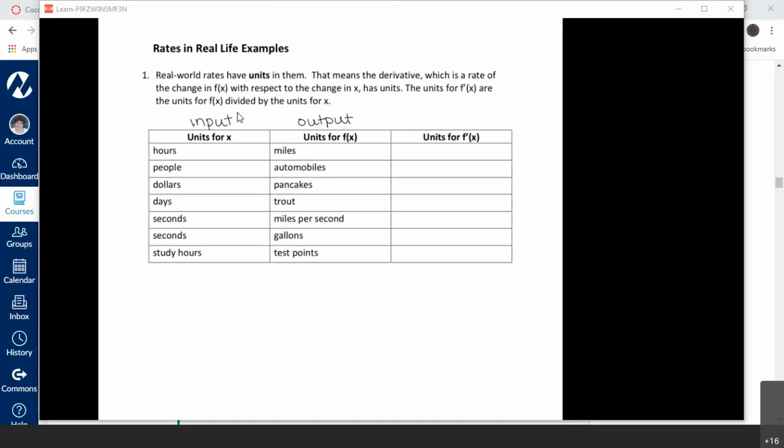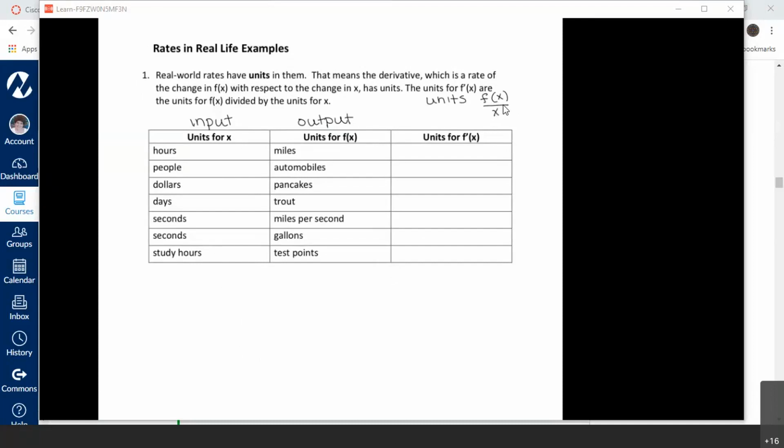So again, here are some examples in this table. Remember, if I have a derivative, my units are my f of x units on the top divided by my x units on the bottom. Why is that? Because this is the form of average rate of change or slope, y2 minus y1 over x2 minus x1.